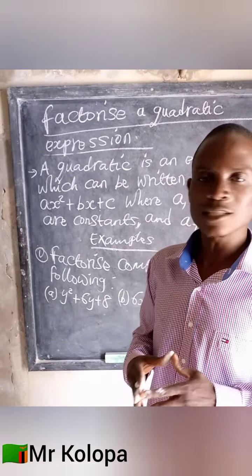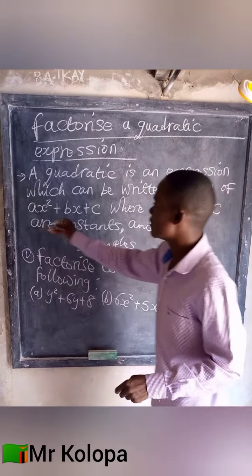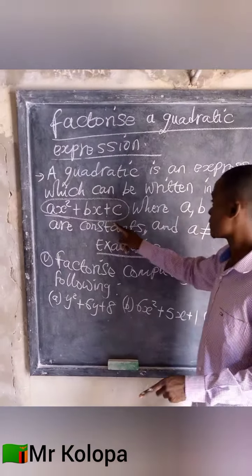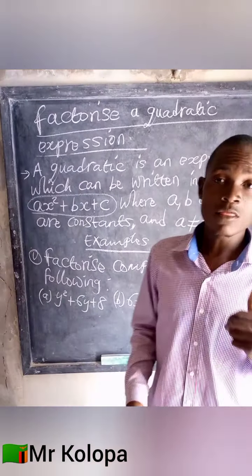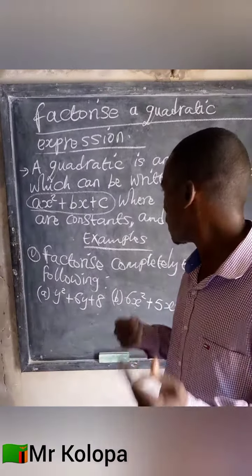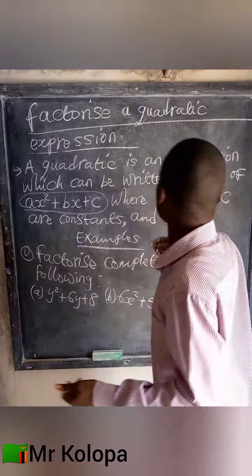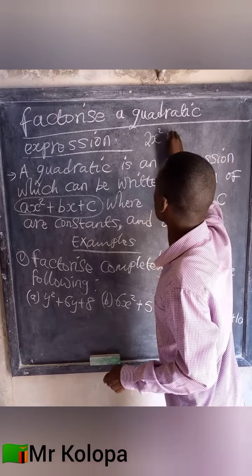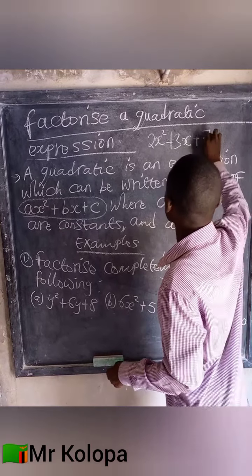A quadratic is an expression which can be written in this form, where A, B, and C are constant numbers, meaning they are numbers. For example, you may be given 2x squared minus 3x plus 7.